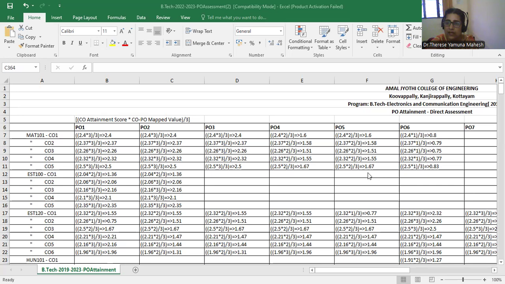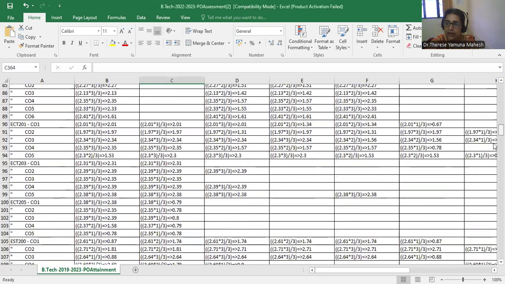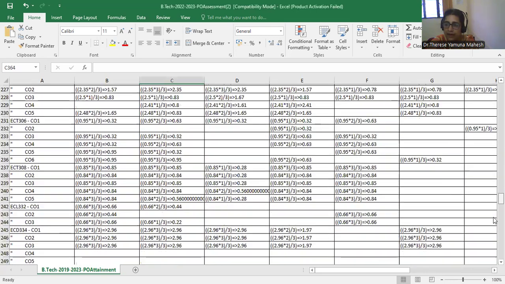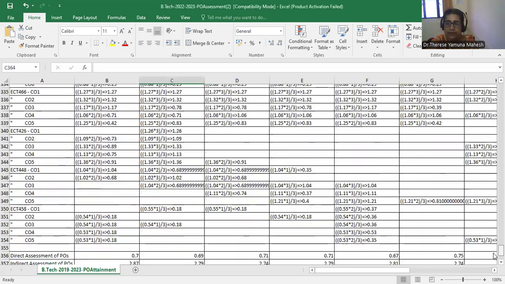And if the correlation is slight, we multiply it with 1 by 3. So here it is 1 by 3. So likewise, the attainment, that is the contribution towards the POs, is done for all the attained CO values.